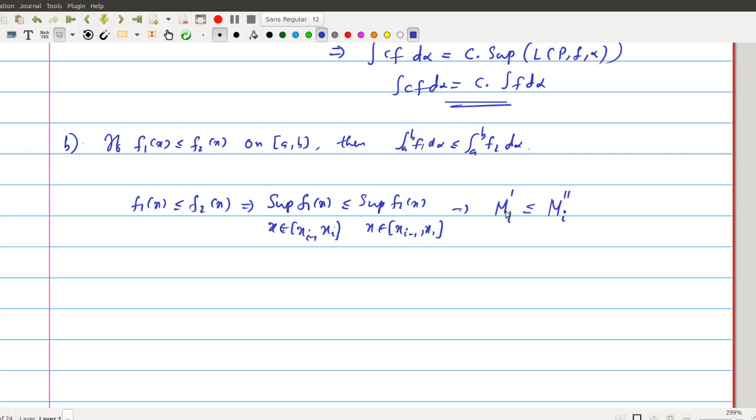So this is the maximum value for f1 and this is the maximum value for f2. So this implies the upper sum corresponding to f1, alpha is less than or equal to the upper sum corresponding to P, f2, alpha. Now take the infimum on both sides. So the integral from a to b of f1 d alpha is less than or equal to the integral from a to b of f2 d alpha. So this follows the same inequality. This proves the b part, and in the next class we will prove the other three properties of integrals.